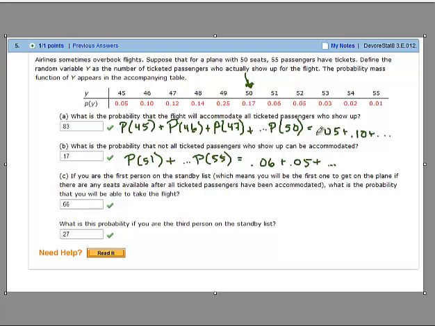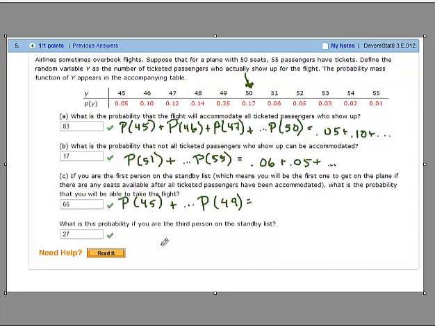Or I guess you could just take the answer that we got in A and subtract out 0.17. Because I added that one in, and that one doesn't need to be included because if 50 people show up, you won't get a seat. So either way you work, it's going to get the same thing. So it's the probability of 45 plus and so on, all the way up to the probability of 49, or you can do that subtraction as I talked about earlier.